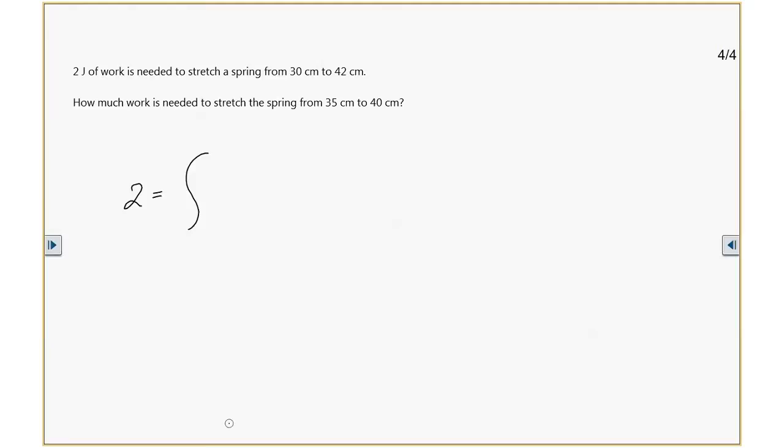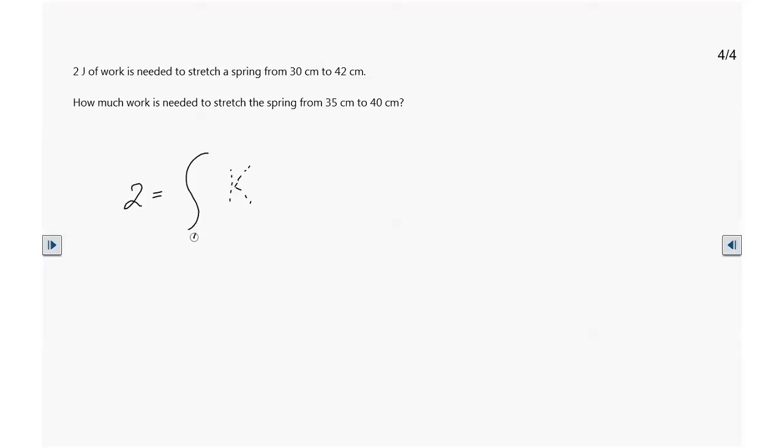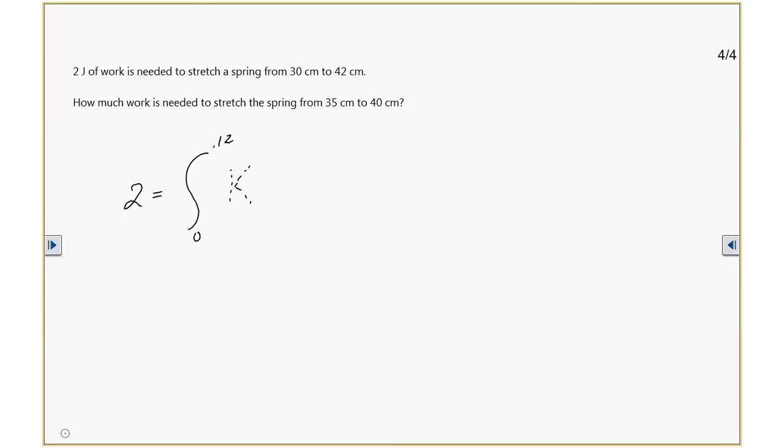And that's where K is part of that. You have to find K, so K is going to be a variable in the integral. Mr. Hubert, I can't see the screen for some reason. I'll give you a hint: from 0 to 0.12. Why is it from 0 to 0.12?